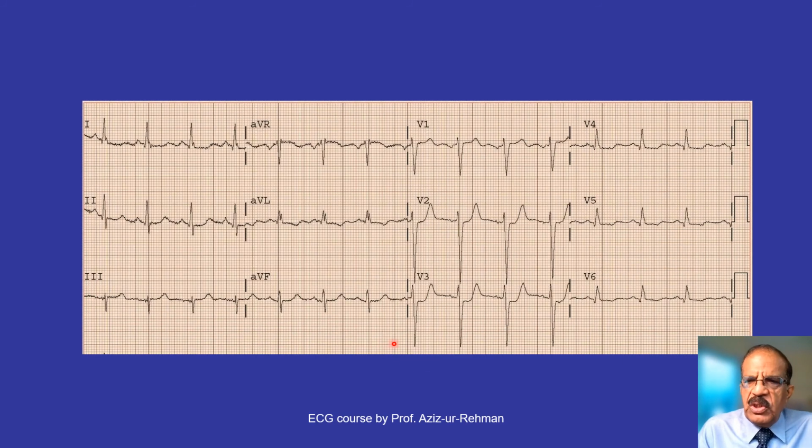This is another ECG, just the revision. 1, 2, 3, AVR, AVL, AVF, no changes, but V1, V2, V3, not V4, they show slight ST depression. You can see the ST depression here, at least it is quite prominent. And you also notice prominent T wave here.